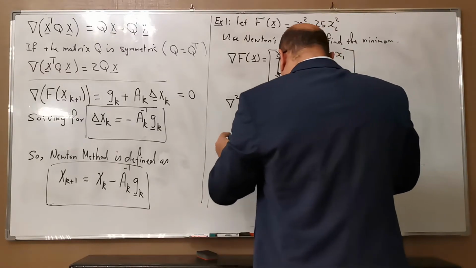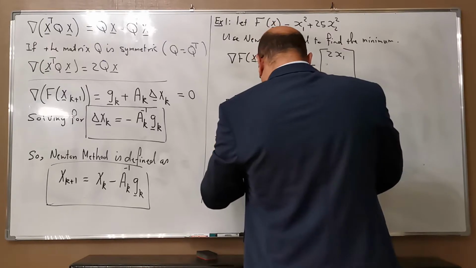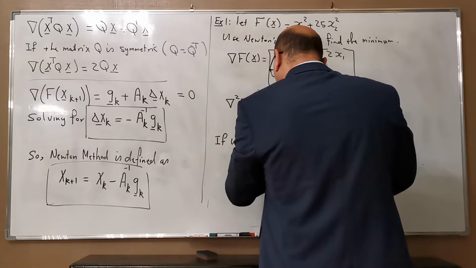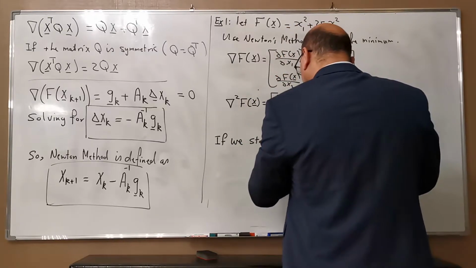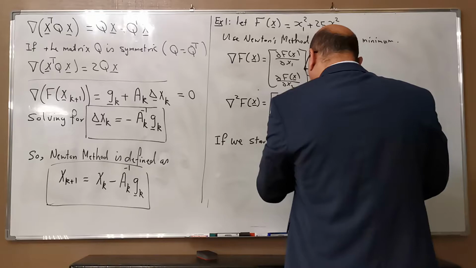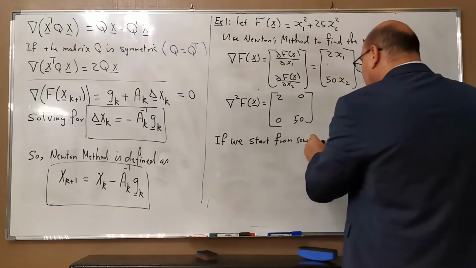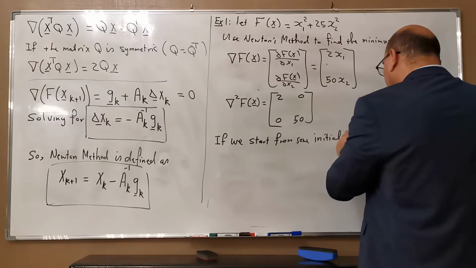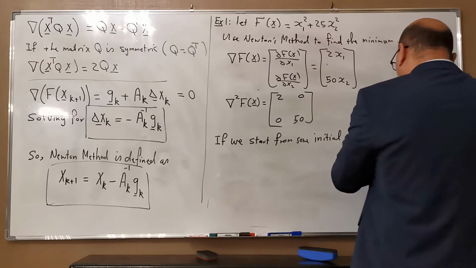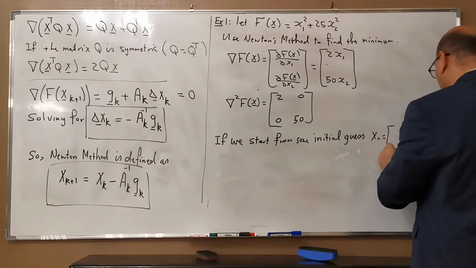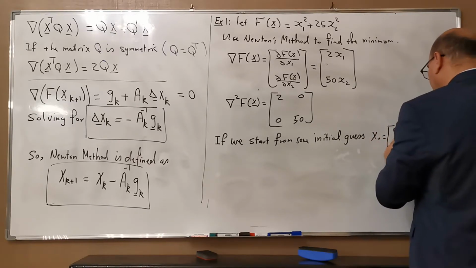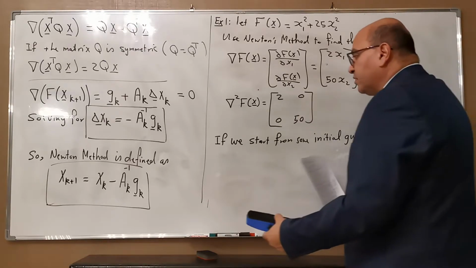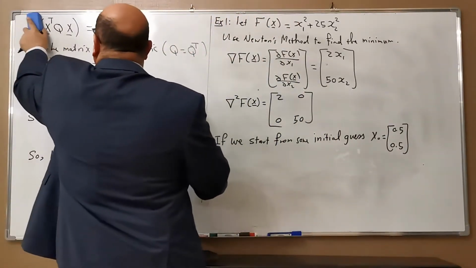Okay, if we start from some initial guess, say x0 equals 0.5 and 0.5, let's see what will happen with the first step.